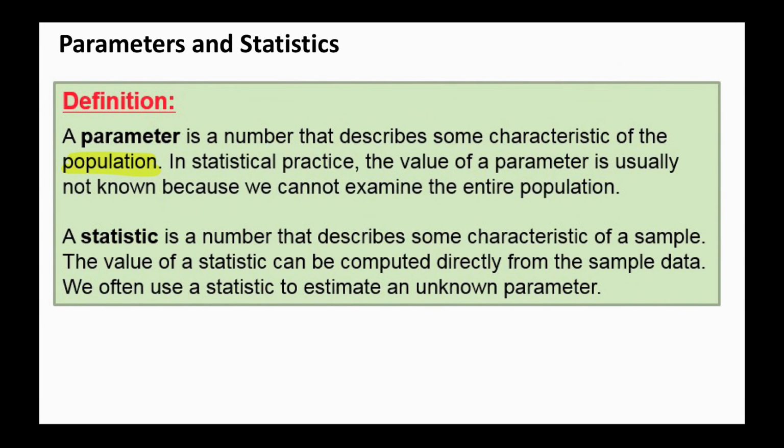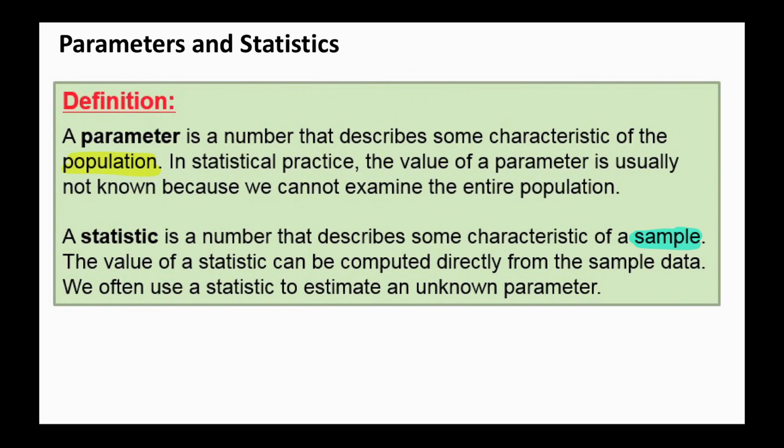This class is called AP Statistics because that's what it's based off of. It's based off taking samples. So a statistic is a number that describes some characteristic based off a sample, not the population. It's based off a sample. That's the difference between the two. Seems pretty simple, but this is one of the biggest things that students struggle with.